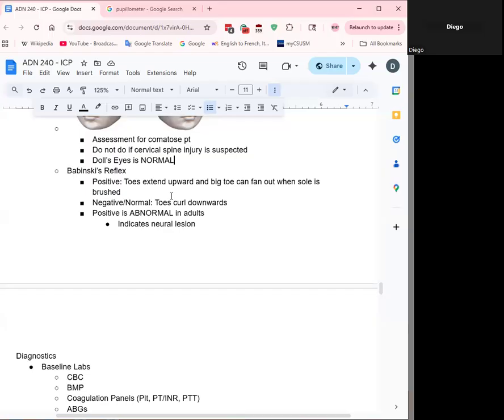For an adult, they want a negative Babinski reflex, which is the toes curling downward in response to being brushed on the bottom of the foot. If they show a positive Babinski reflex, that's a sign of brain damage. But if they're a baby, then the positive Babinski reflex is expected, and it's what you want.